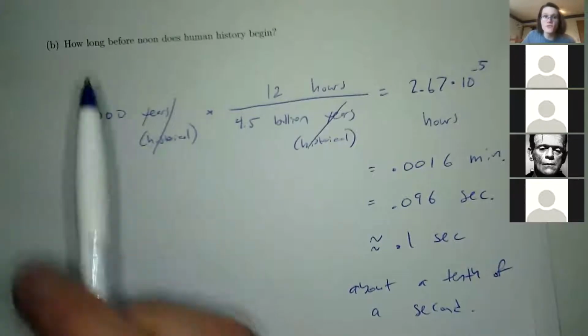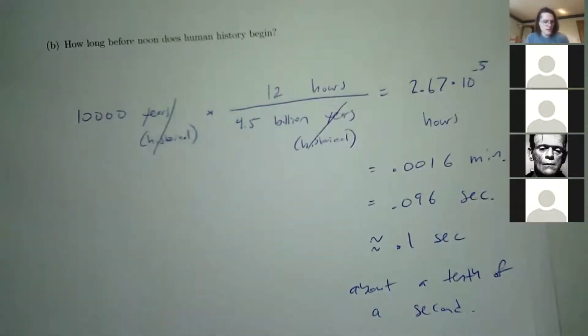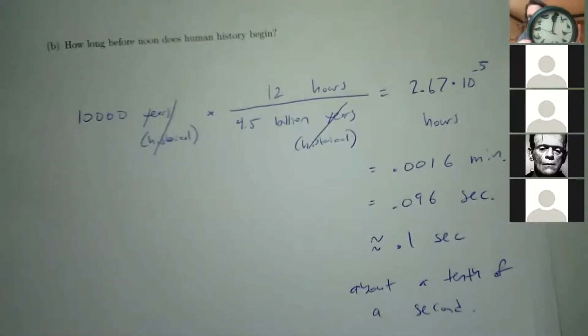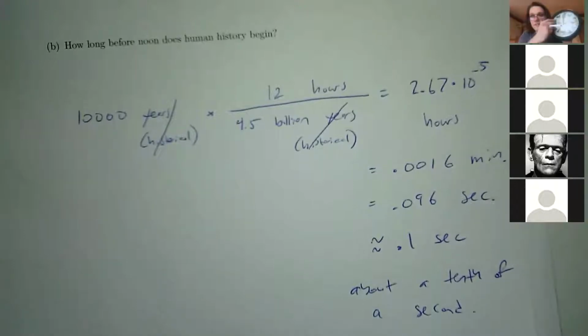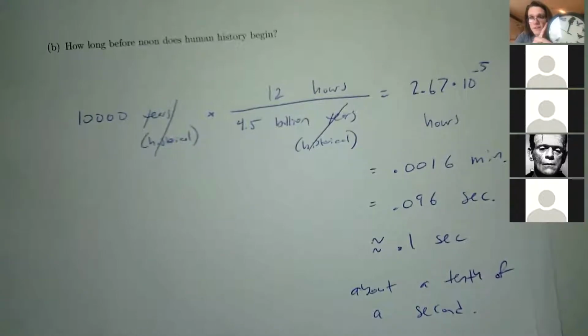So it says, how long before noon does human history begin? And so if I have my bird clock, you would go back to noon. Sorry, let me just go back. All right. So it's at noon, give or take. And the entire thing is the history of the Earth, 4.5 billion years. But relative to the scale, human history steps back like 1/10 of a second.